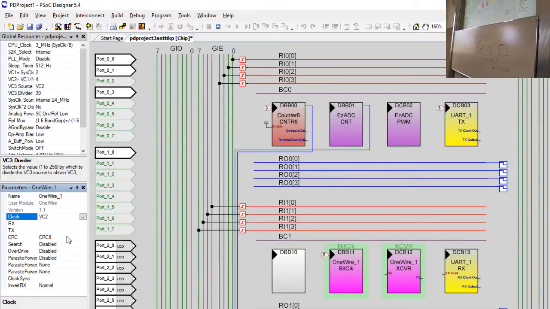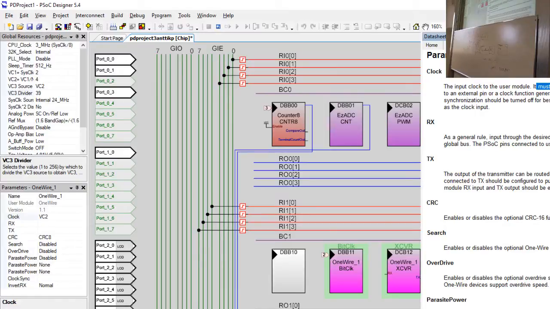Yes, you have a question. Which one wire divider? All right, let's see. The one wire datasheet tells you the input clock must be 3 megahertz. So divide by 8.